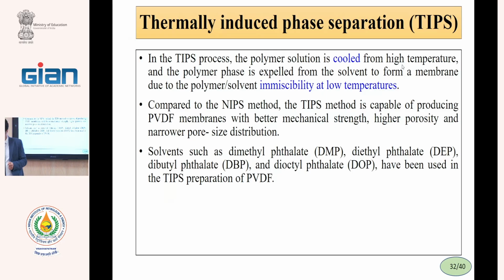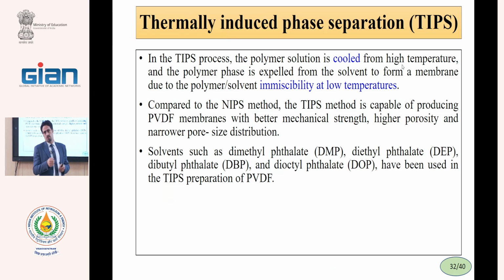The second most used phase inversion is TIPS, thermally induced phase inversion. In NIPS, we say that the non-solvent causes the solidification. In TIPS, we have two categories.